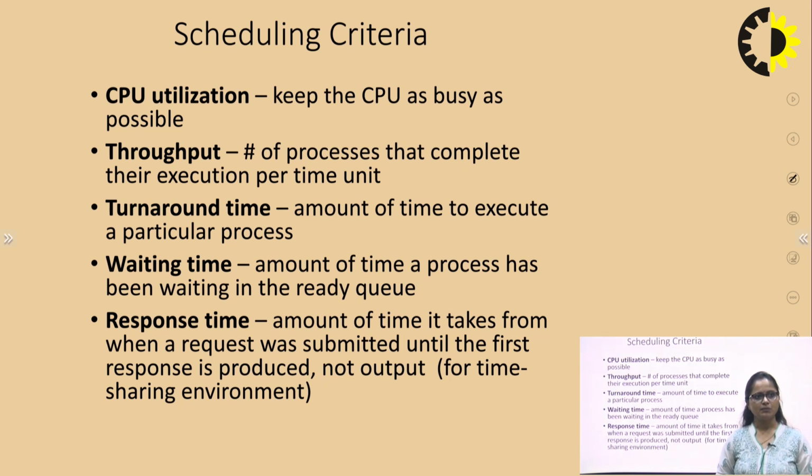Turnaround time is the amount of time to execute a particular process. Waiting time is the amount of time a process has been waiting in the ready queue to get the CPU. And response time is the amount of time from when a request was submitted until the first response is produced, not output. Only when it gets the first response, the time in between is called the response time.